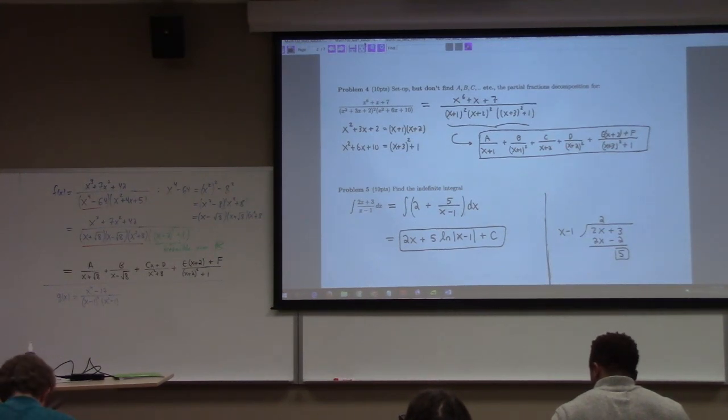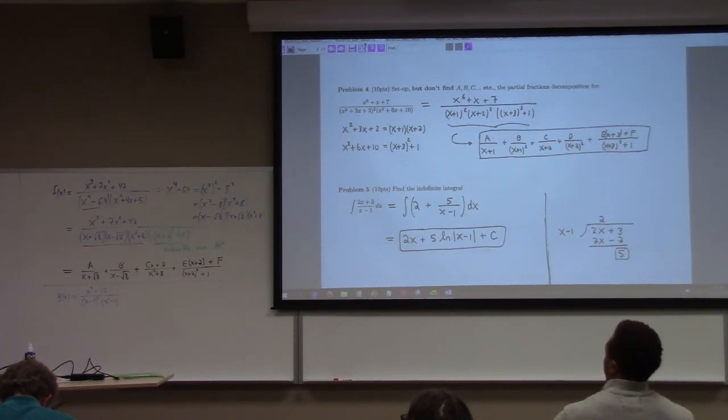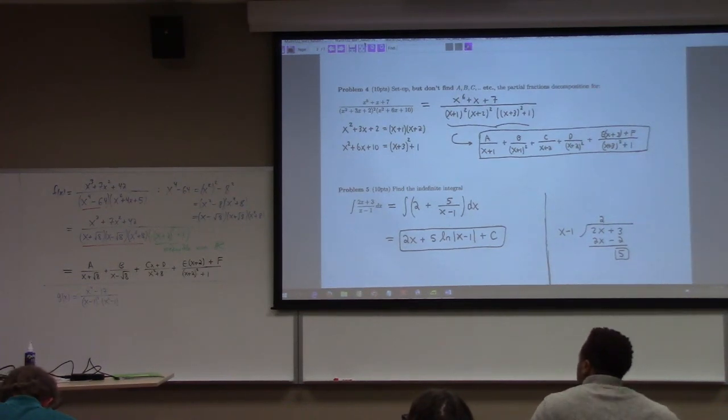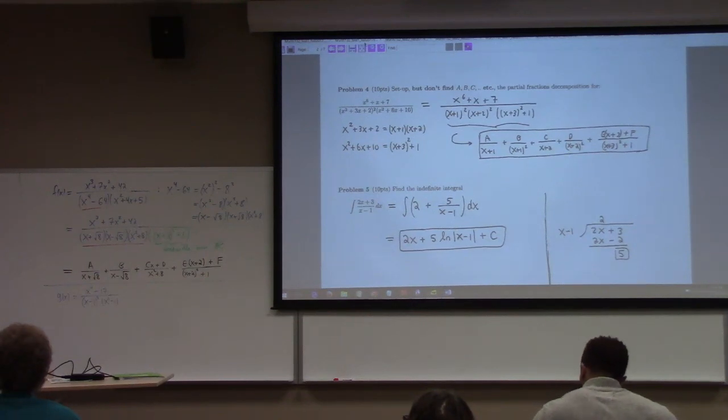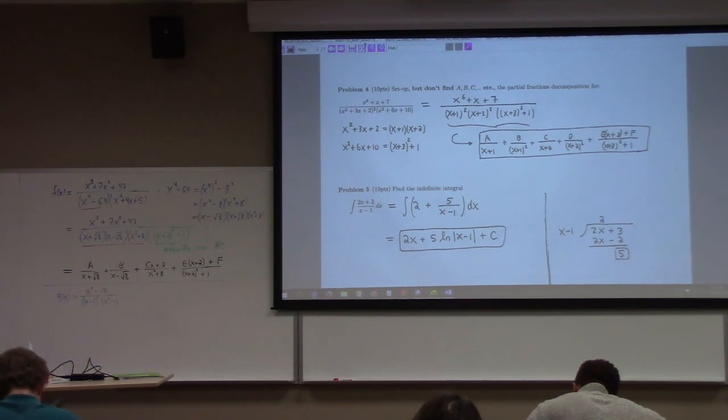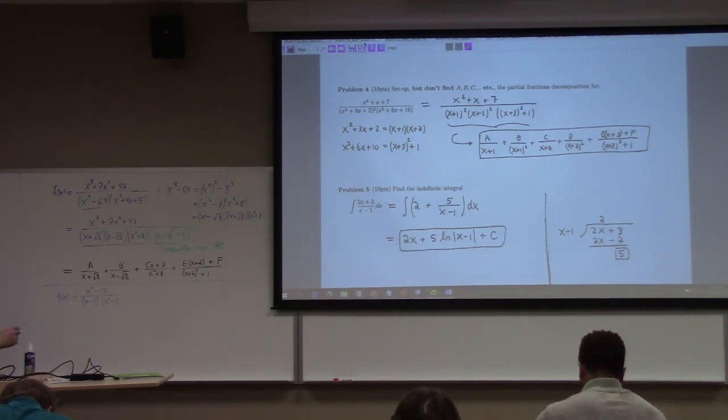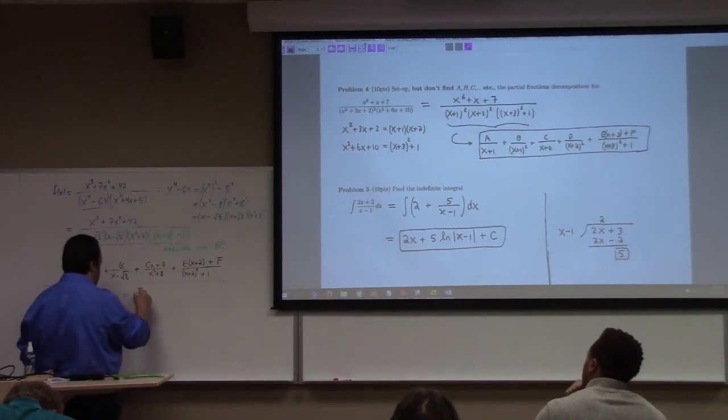One of the things you have to watch for with partial fractions is you have to make sure that you've actually collected together all the similar terms. That's not an issue in the first example, but in the second one, these have overlapping factors. There is some factoring to do here.